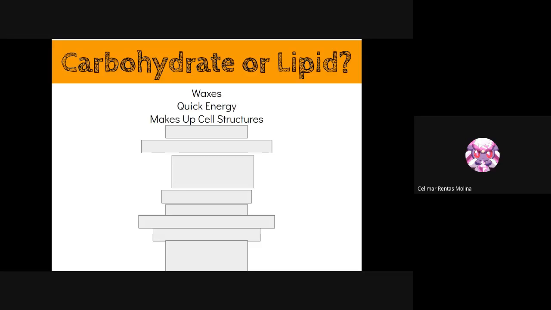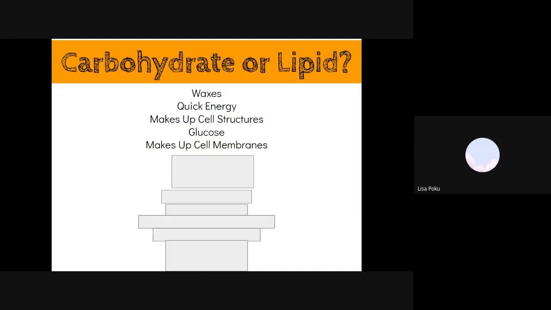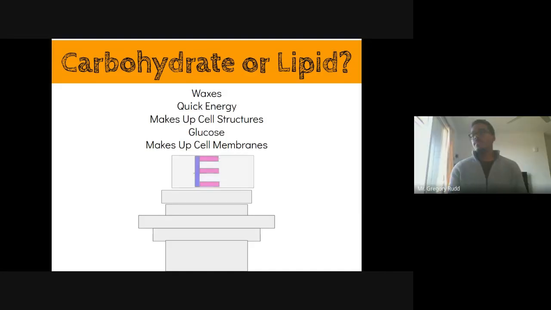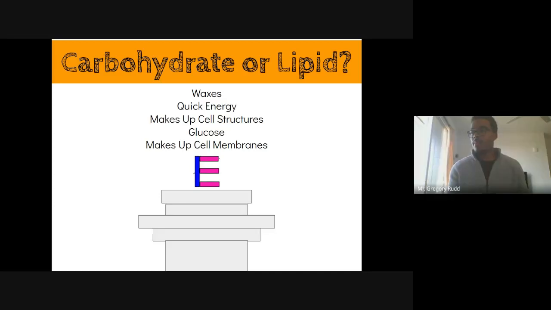Carb. Carb, good. Glucose, carb. Carb, good, JT. Cell membrane, lipid. That's the lipid, good. What is that a picture of? Lipid. Lipid, good. We've got a lot of people contributing here.